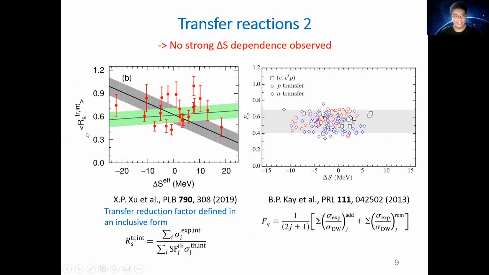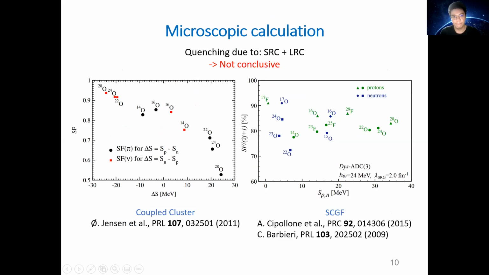Some people argue that this is probably because there is a difference between the definitions of reduction factors for transfer reactions and nucleon removal reactions. However, several other studies made by the Bayhan groups and also by Ben K et al., using slightly different definitions for the reduction factor, also do not observe any strong dependence compared to the nucleon removal results. So that is in terms of the experimental probe.